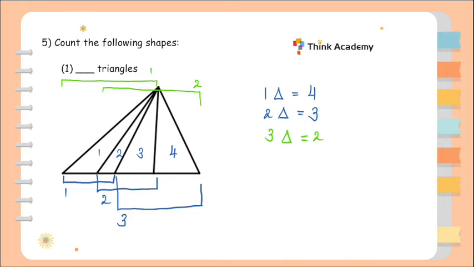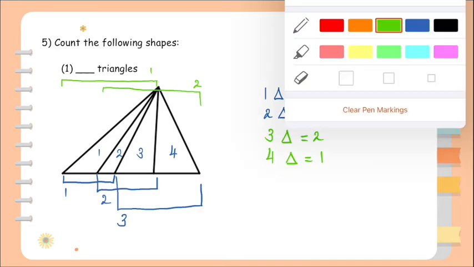And now I have the last one. What if I want to make a group of 4 triangles? Then how many can I make? I can only make 1, right? Because I only have 4 smaller triangles. And can I make a group from 5 smaller triangles? No, because we only have 4.